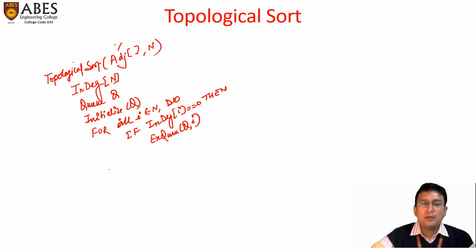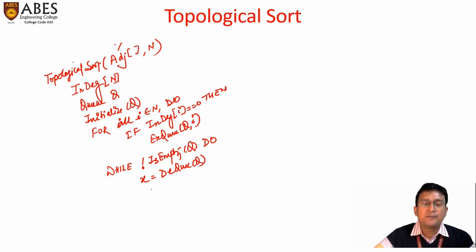Now, once we have included all the 0 in degree vertices in the queue initially, then our process will go on as long as the queue is not empty. So while not is empty queue, my process will go. We should first remove an element from the queue. So let's dequeue an element.